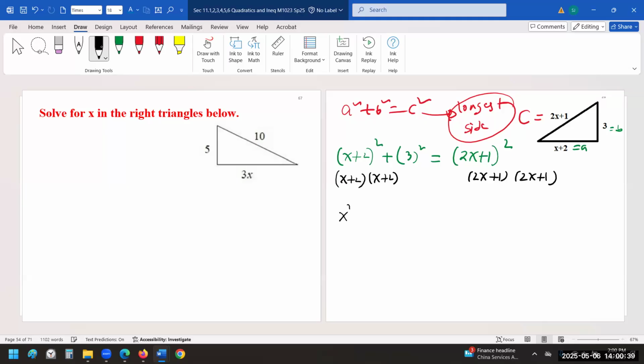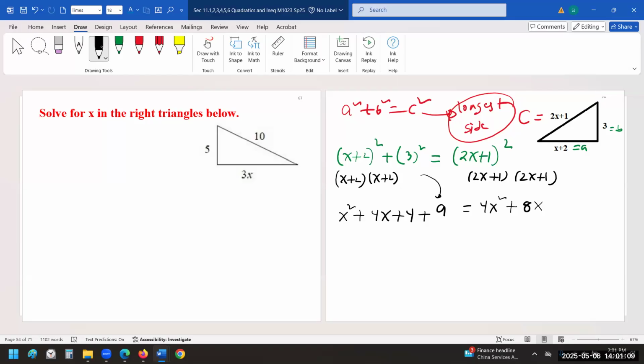And then we have x squared plus 4x plus 4 once you FOIL. Let's do together for them. For x squared plus, it will be 8x altogether.